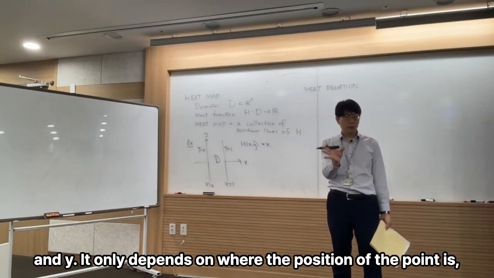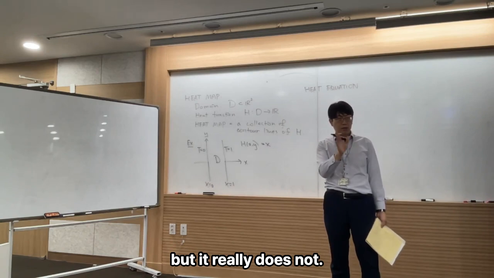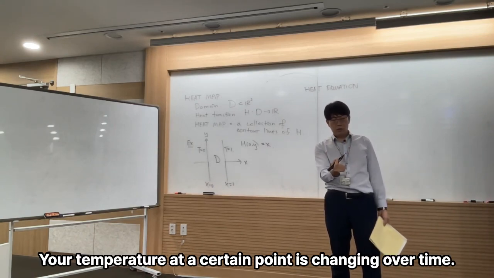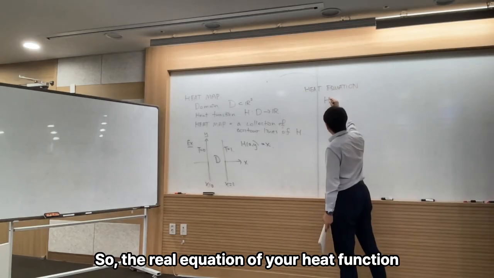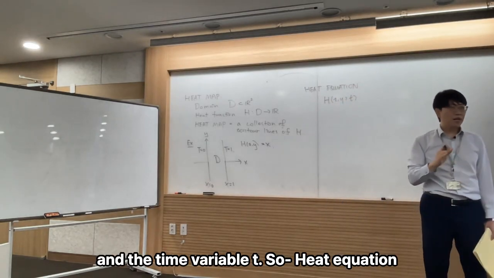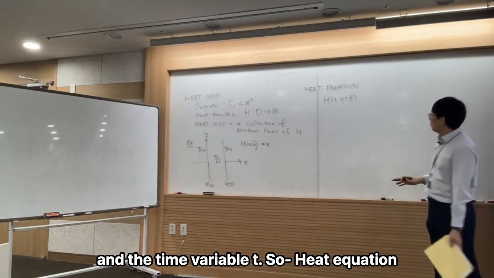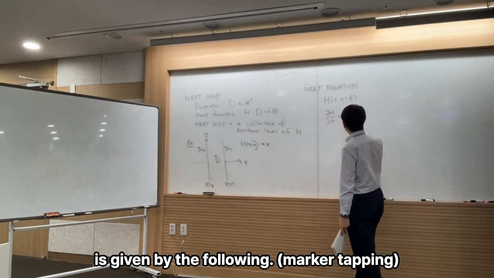It only depends on where the position of the point is, but it really does not. The heat is changing. Your temperature at a certain point is changing over time. So the real equation of your heat function is a function in terms of x, y, and the time variable t. So heat equation is given by the following.